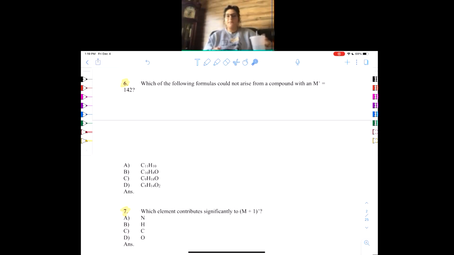So now we are on to mass spec. It's asking which of the following formulas could not arise when we have an M plus of 142. Alrighty, so 142. At this point, what are we looking for?